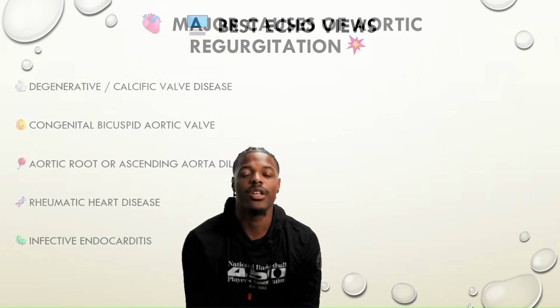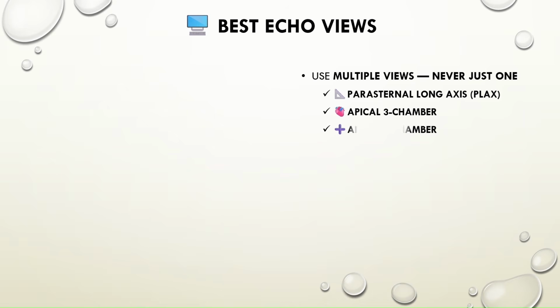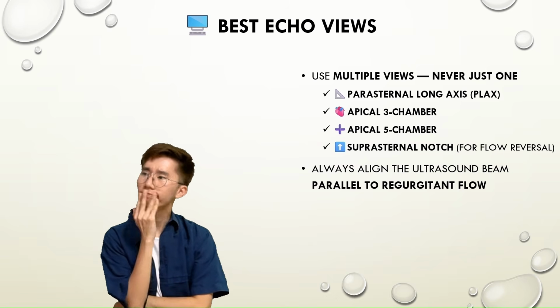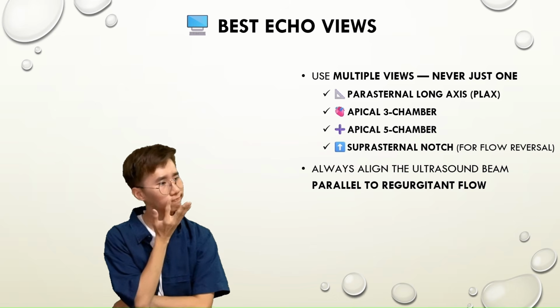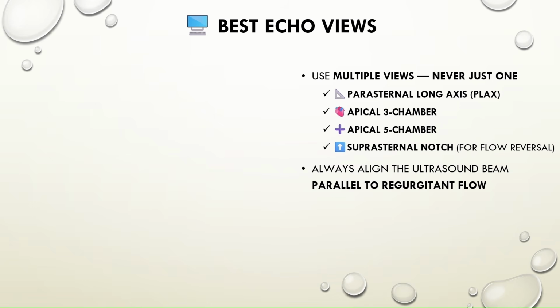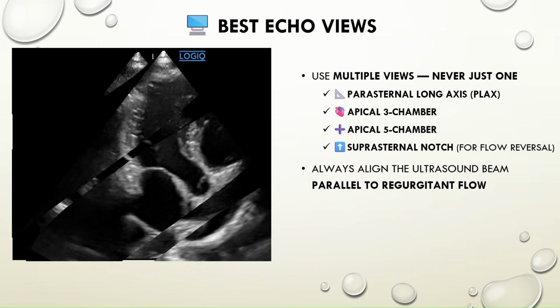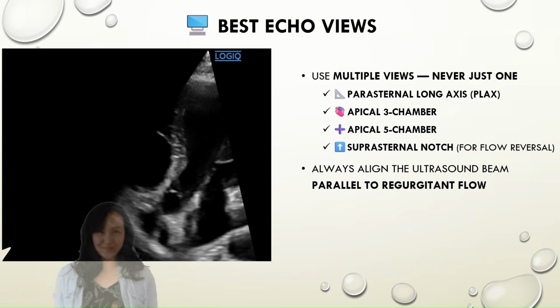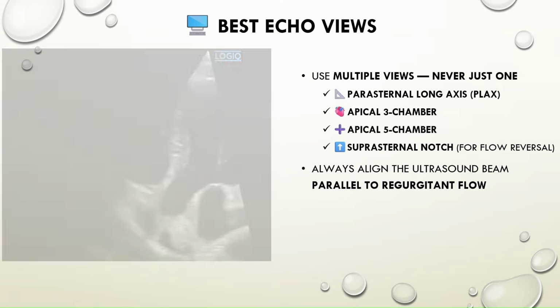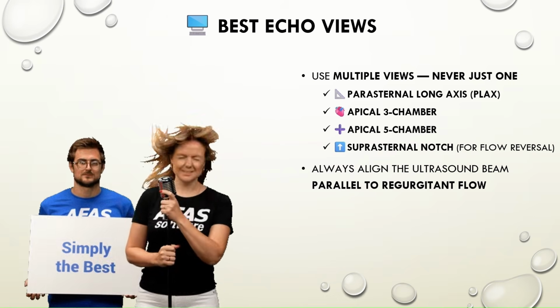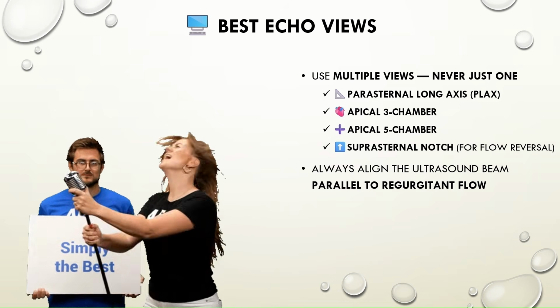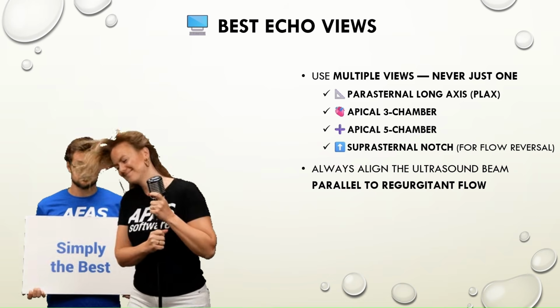So let's talk about the best echo views. When you're assessing aortic regurgitation, you should never rely on just one view. Your go-to views are the parasternal long axis, the apical 3-chamber, and the apical 5-chamber. These views give you the best look at the aortic valve and the left ventricular outflow tract, or the LVOT.